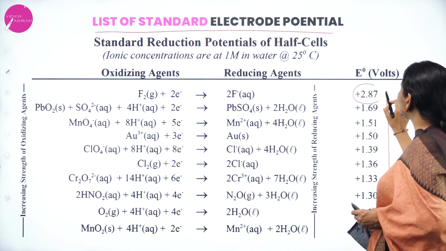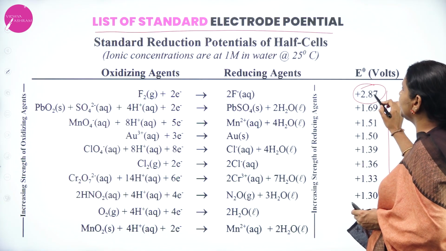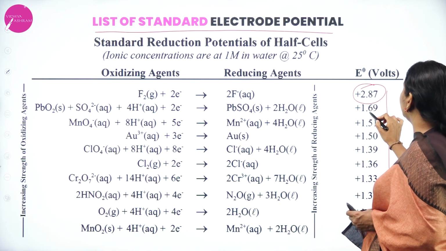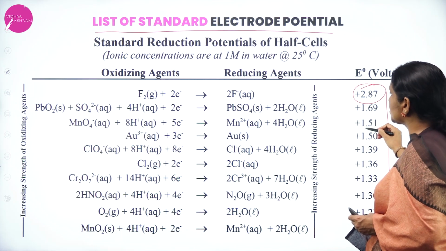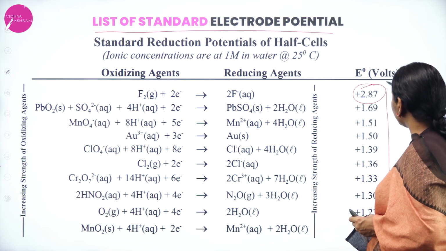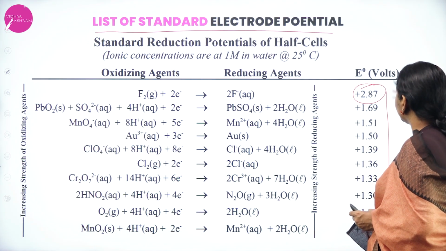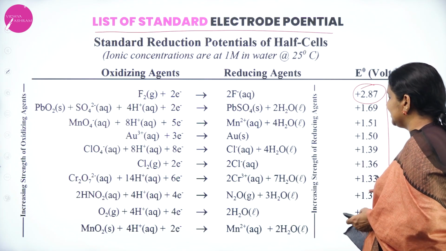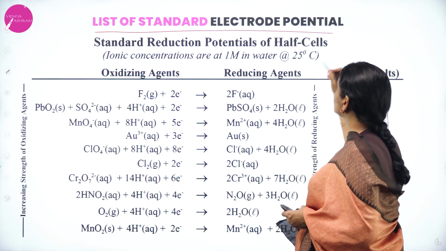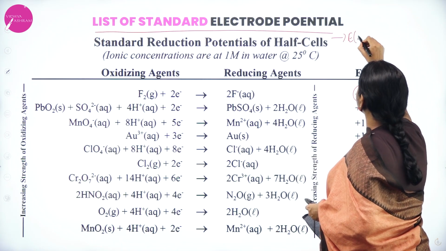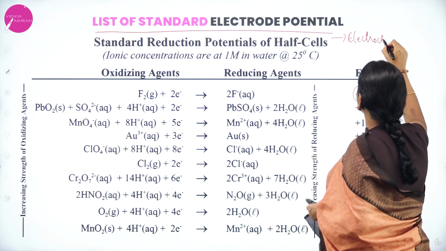Fluorine has the highest E0 value, plus 2.87. Next, lead dioxide 1.69, next 1.51, 1.50. As you observe, the E0 value is decreasing. Therefore, it is also called the electrochemical series.